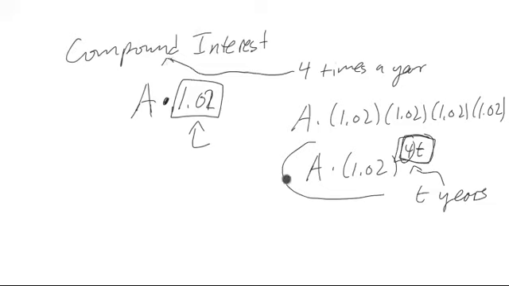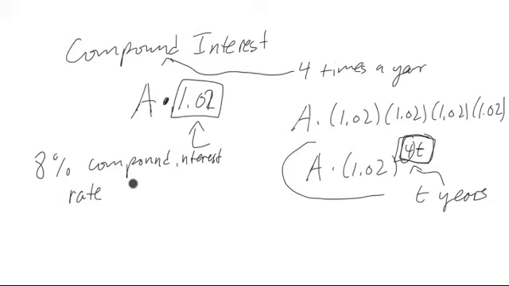Okay, great. Now for some terminology. Oftentimes, what we would say is we'd say we have an 8% compound interest rate.